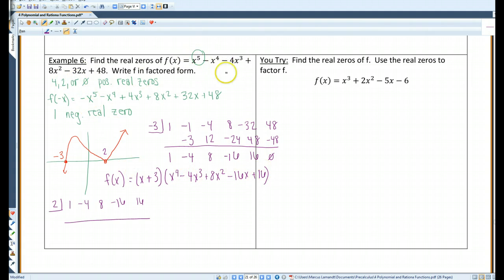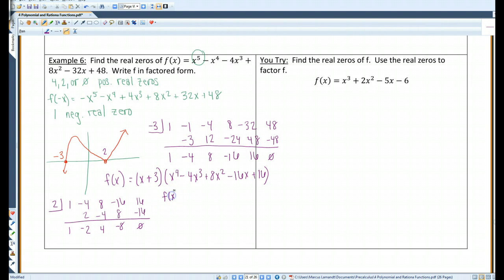There's no reason to go to the original one. You know that if 2 is a factor of this equation, it also has to be a factor of this equation here. So 1, 2, negative 4, positive 4, 8, negative 16. Voila, 0. So now I'm going to factor this a little bit more.